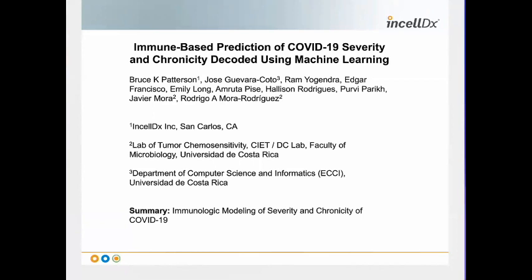So we deployed machine learning and AI to help us go through all of these hundreds of biomarkers to figure out, were there differences? And do those differences demand different treatments? And the answer to both of those questions was yes.